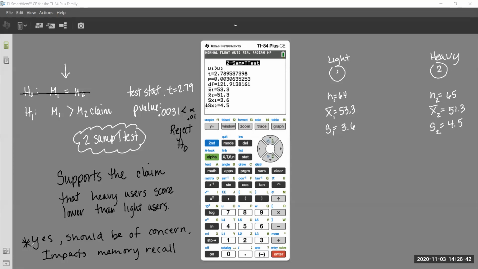As long as we're on this problem, I want to talk a little bit about your project. If this was something someone was doing for their project, one of the things I would want in the introduction, since we're talking about light and heavy marijuana users, is something that always bothers me about this problem: what's the definition of a light marijuana user, and what's the definition of a heavy marijuana user?